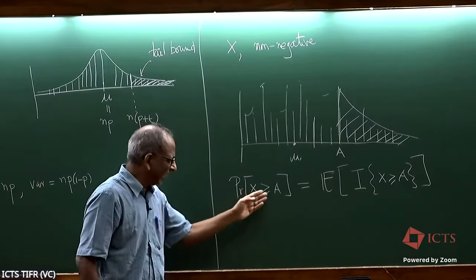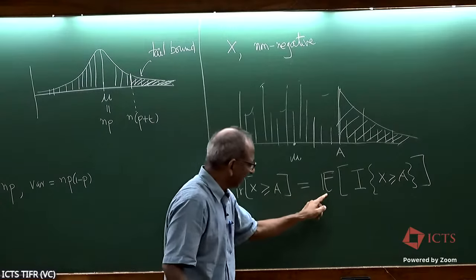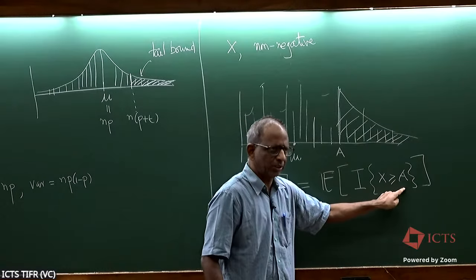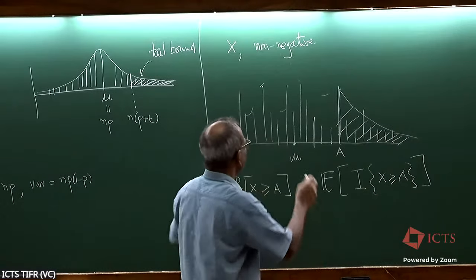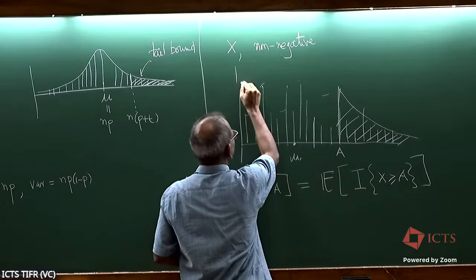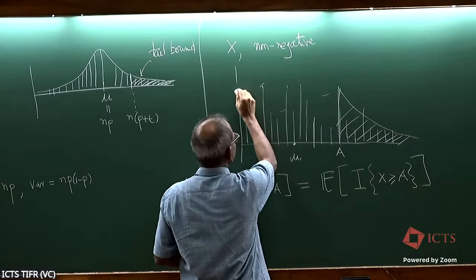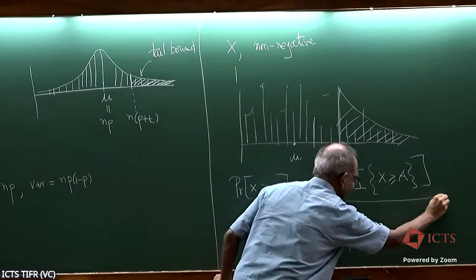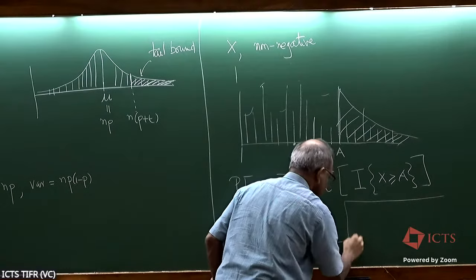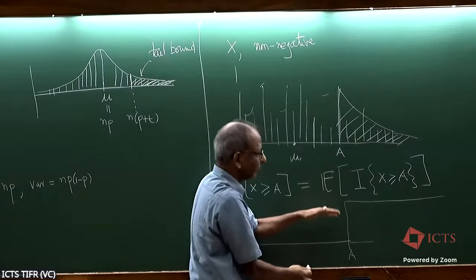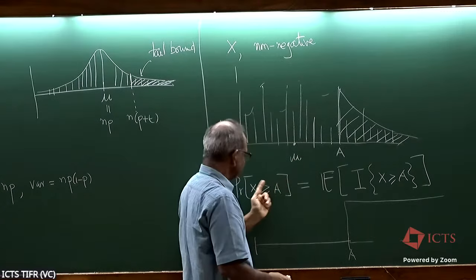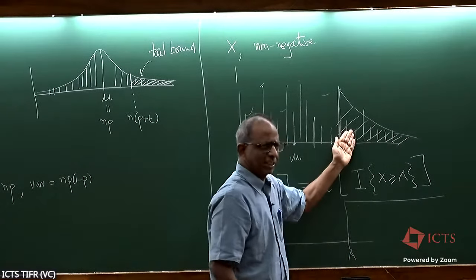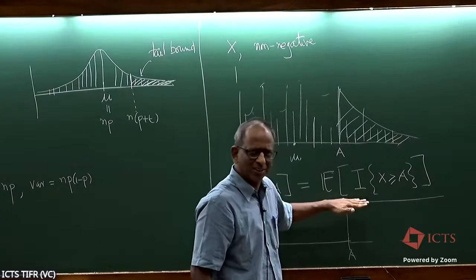The probability that x greater than a is the same as the expectation of the indicator function for x greater than or equal to a. What do I mean by indicator function? I don't know if this is the terminology you use. It's a function which is a step function. Yeah, it is 0 up till a and 1 after a. Yeah, so if you take the expectation of this function, yeah, under this distribution, you will just be summing all these probabilities, but that's exactly what we want. Yeah, is this okay? Yeah.